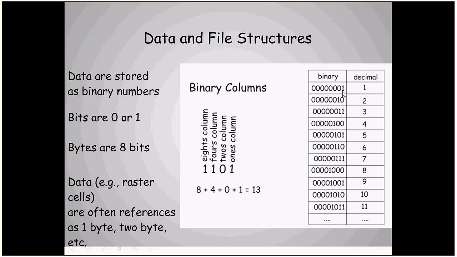Let's say a decimal number between 0 and several million. That takes usually at least 8 bytes of data to store a number that big.